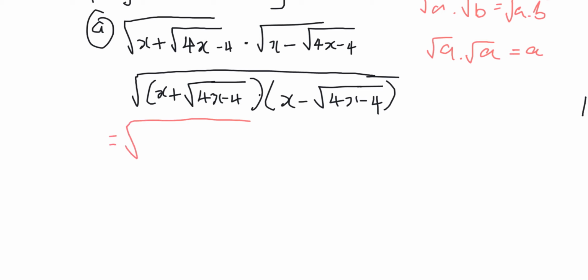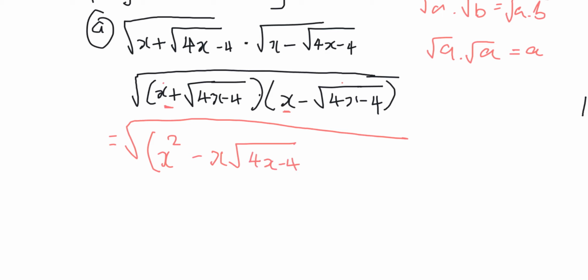Now if I multiply this with this, what am I going to get? This is going to be x squared. Then if I multiply the first with this one, what I'm going to get is negative x root 4x subtract 4.